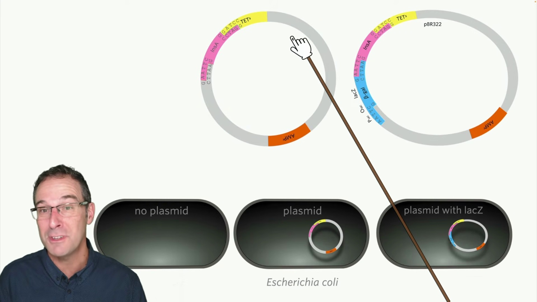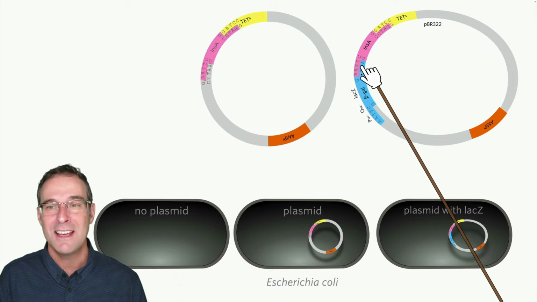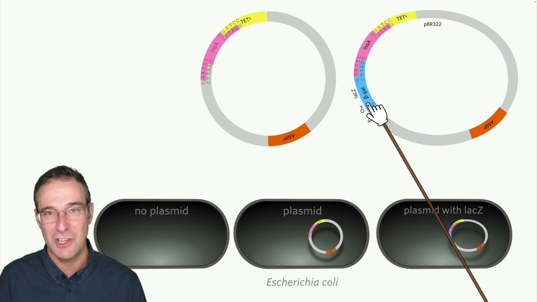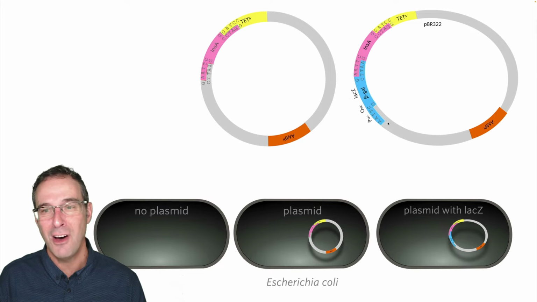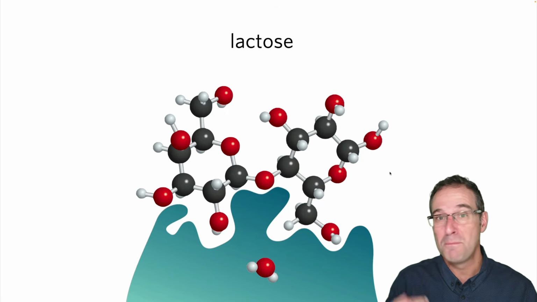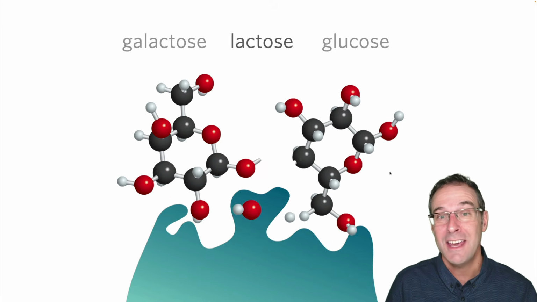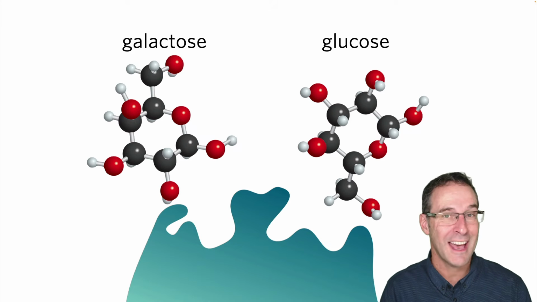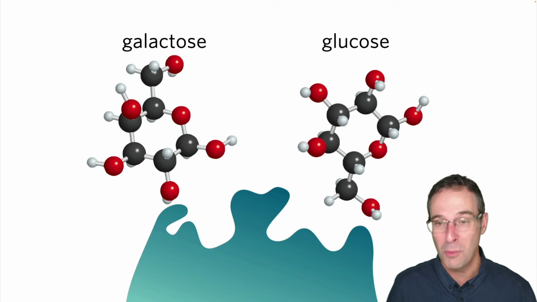In fact, the only difference now between these two is this beta-galactosidase gene. So how do we use that to find the bacteria that have taken up that plasmid? Well, beta-galactosidase is an enzyme that hydrolyzes lactose into glucose and galactose. That's its normal job.